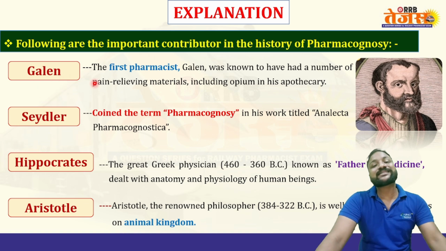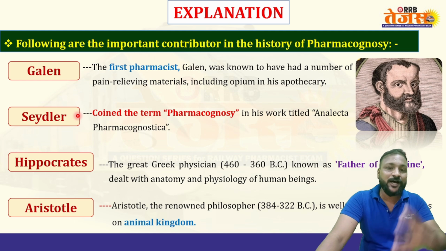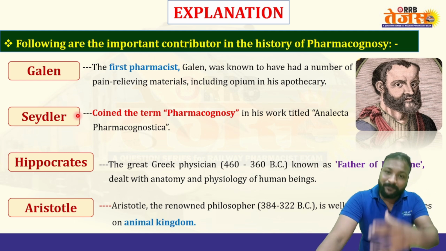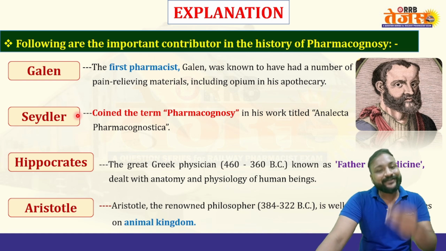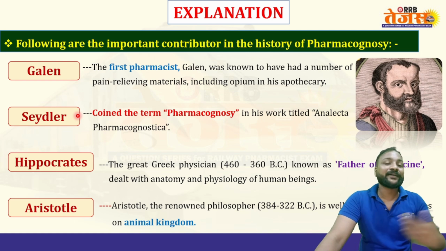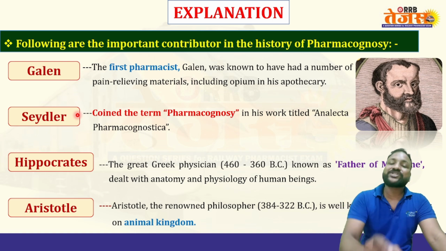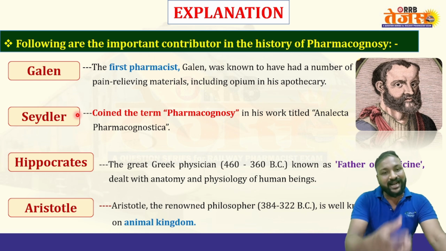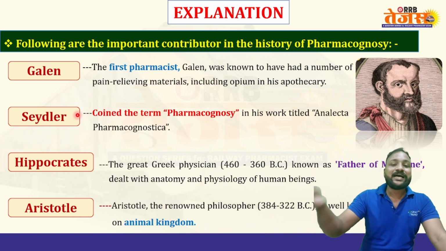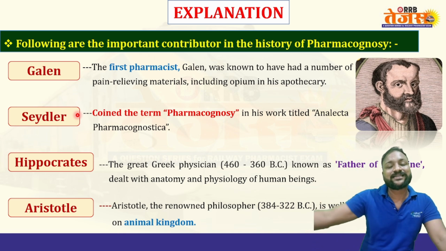Those are called Galenicals: the chemicals which are extracted from the plant material or plant parts with the methods developed by Galen. The chemicals extracted out from the cellular tissues of the plants by following these methods developed by Galen are called Galenicals.